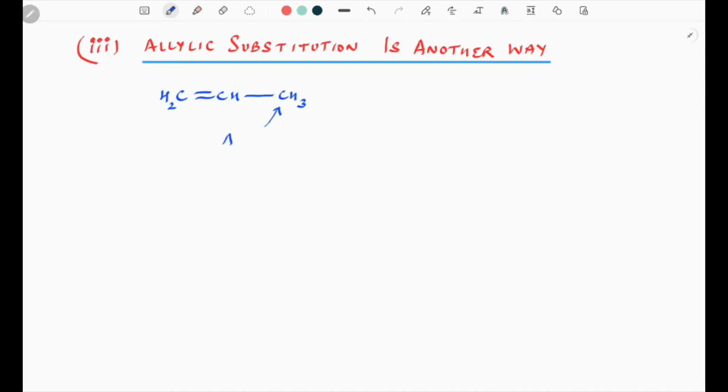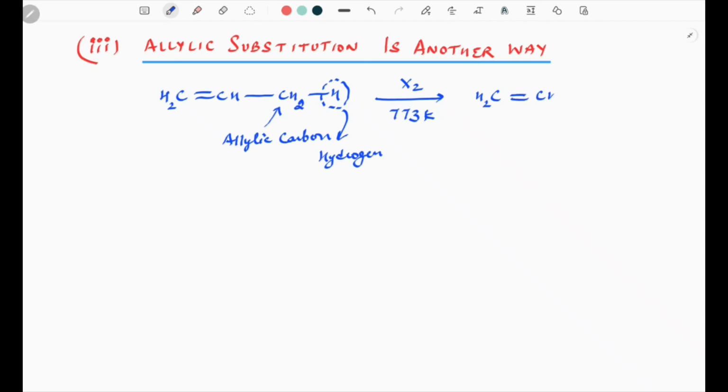This carbon is now called allylic carbon, and on this allylic carbon, this is what we call allylic hydrogen. Now this hydrogen is replaced by a halogen when it is exposed. So what happens is, this product is formed.